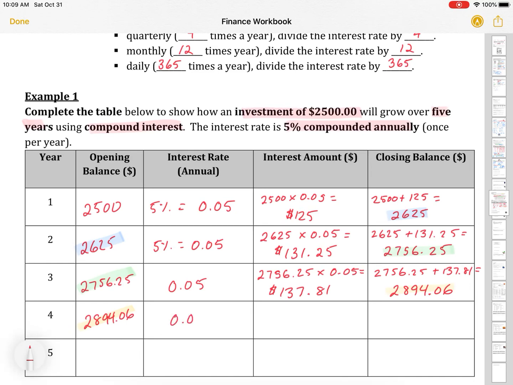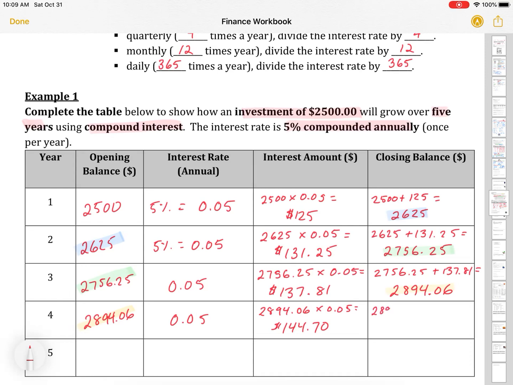Our interest rate is still 0.05. So we have 2,894.06 times 0.05, and this equals 144.70. So not only is our balance growing, but also the amount of interest we earn each year is getting larger because it's based on our opening balance, and that's growing.